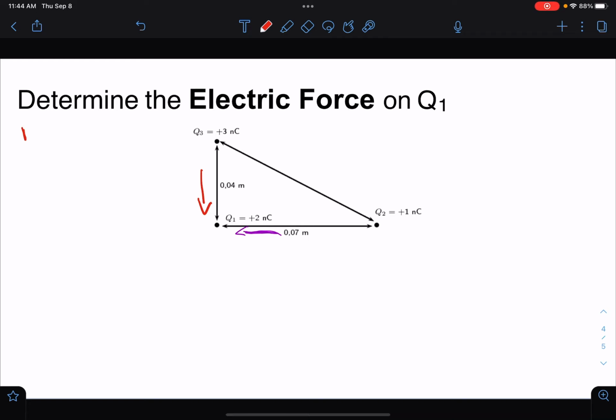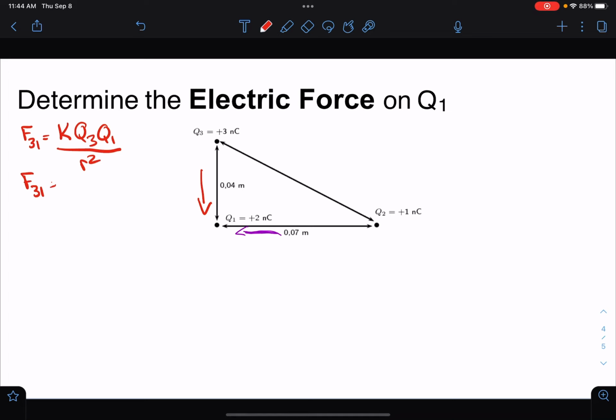So I'm going to call this our force of 3 on 1. And we are using our force in this case. So we need our Coulomb's law equation. All right, and so just for the lack of having a lot of room, I will jump to the end here.